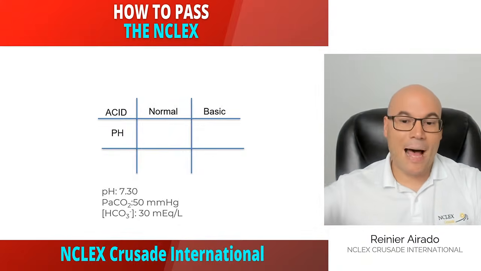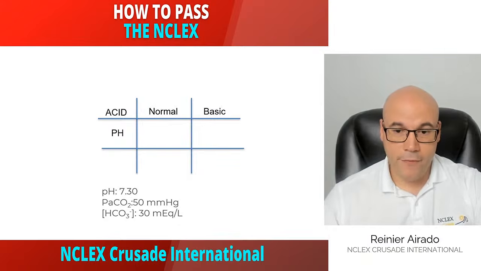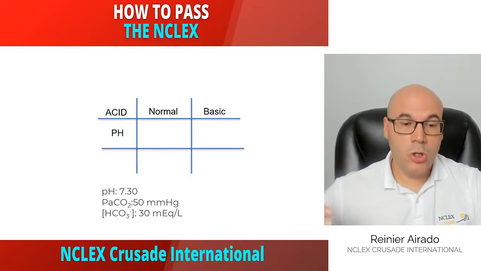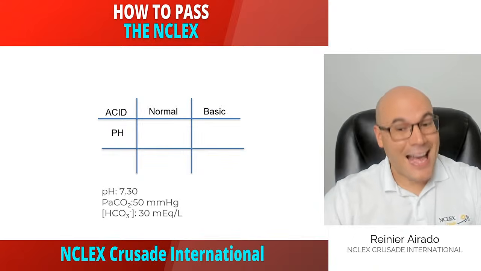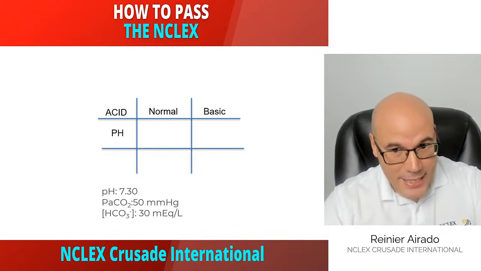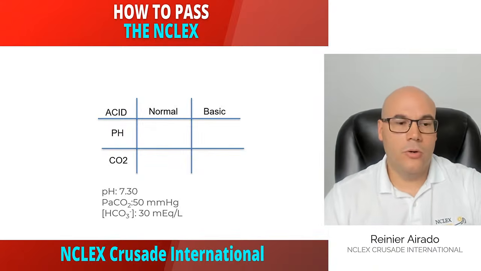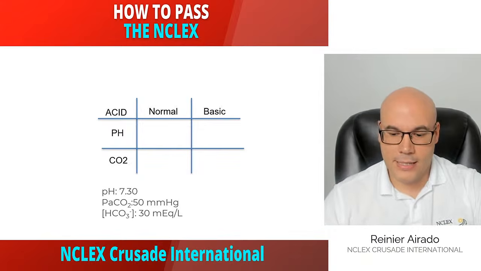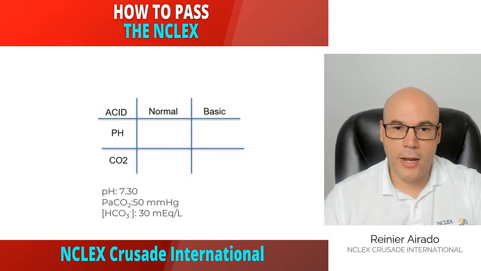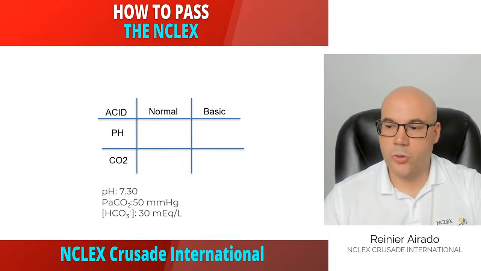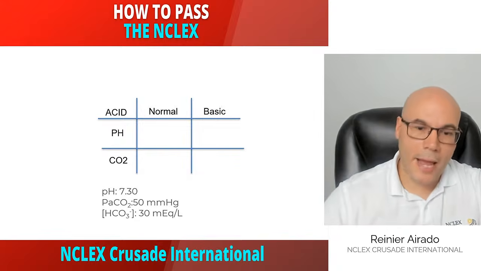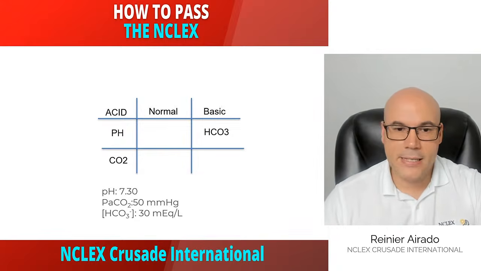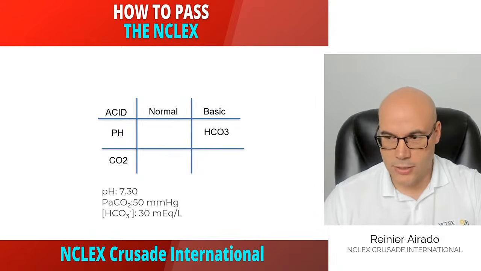So 50 is above 45. So too much CO2, too much carbonic acid, too much acid, we're going to put it under acidosis. And where is bicarb? Where is bicarbonate? HCO3, 30. Normal range, 22 to 26. So too much bicarb, we're going to put it on basic or alkalosis.